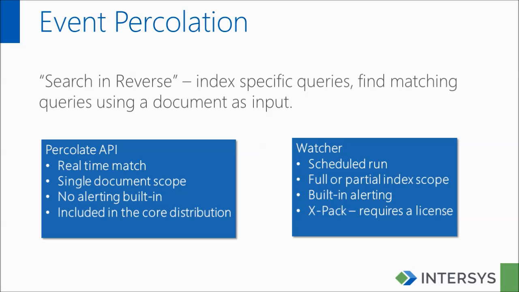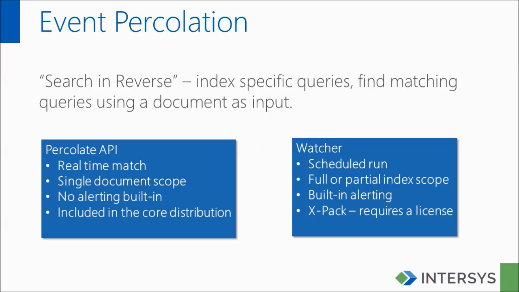The real limitation there is that the search match is done in a single document scope, so you can't take into account the entire corpus of documents that you've indexed in doing your match. It only has that one document to go off of. And it doesn't have any built-in alerting or anything, so you've got to build that around it.